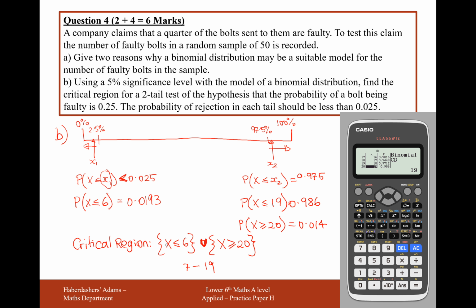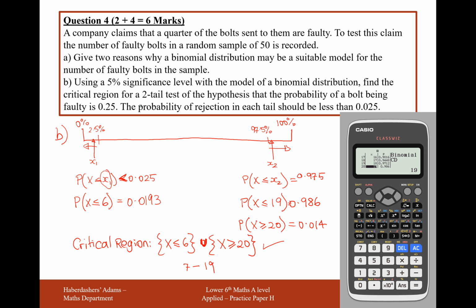In this case here, where x is less than or equal to 6, I would suggest that maybe the probability is less than 0.25. And in this case here, where the x number is more than or equal to 20, that our probability of 0.25 will be more than that, because we've got so many failures here. So our critical region here, this is what we're looking for.